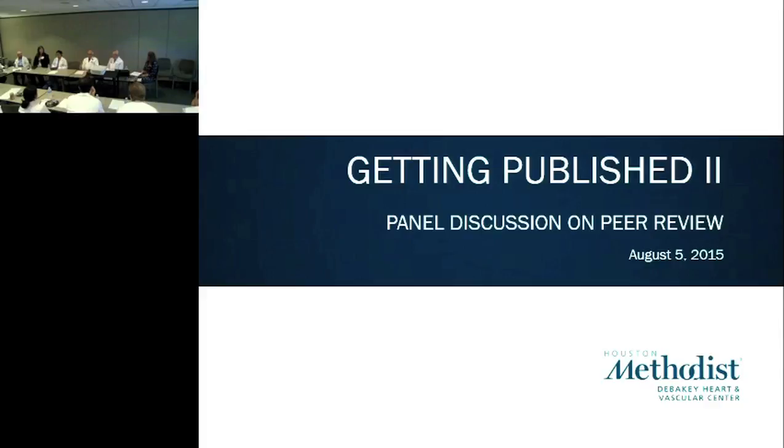Don't take the approach of, well, let's try New England Journal first. If they reject it, we'll go to Circulation. If they reject it, we'll go to JACC. You just waste months and months. So pick something that's reasonable for the paper that you're presenting.